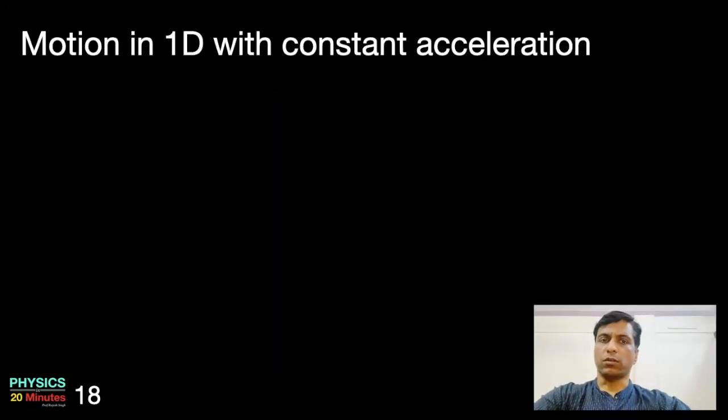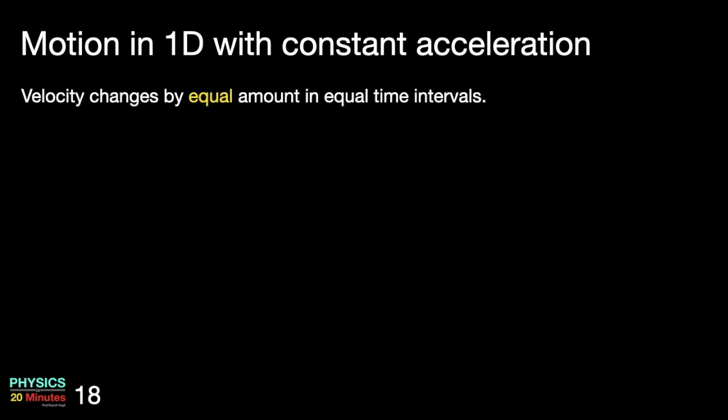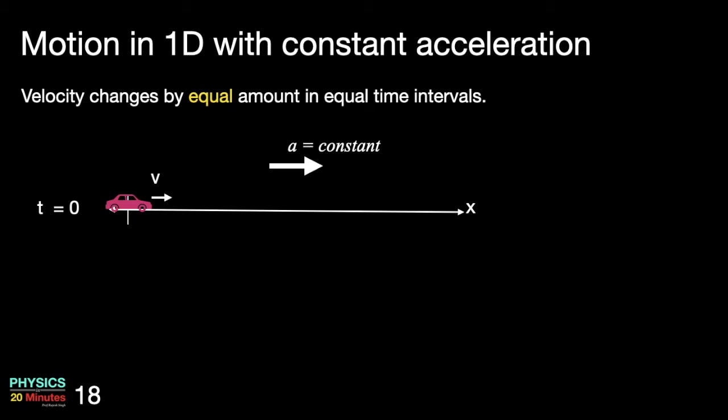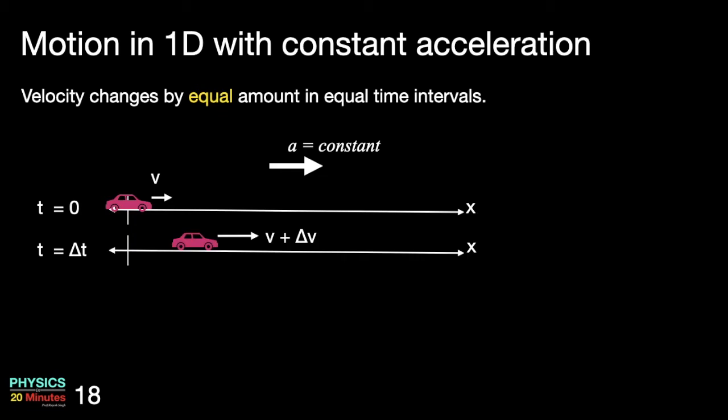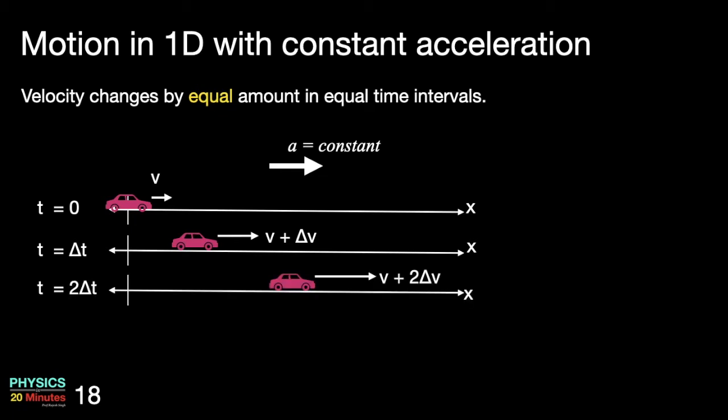So what is a motion with constant acceleration? In a motion with constant acceleration, the velocity changes by equal amounts in equal time intervals. Let's take a car which at time t equal to 0 is moving with velocity v. Let us say that it is constantly accelerated along a straight line. After a time interval delta t, the car's velocity will increase. If you take another similar time interval, that is at time 2 delta t, then the car's velocity will increase again by the same amount as in the previous case.